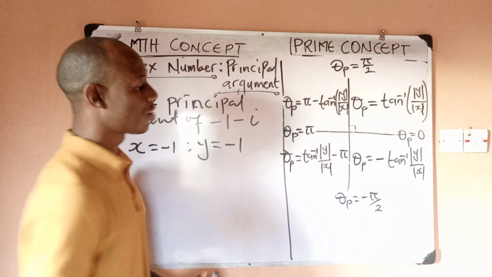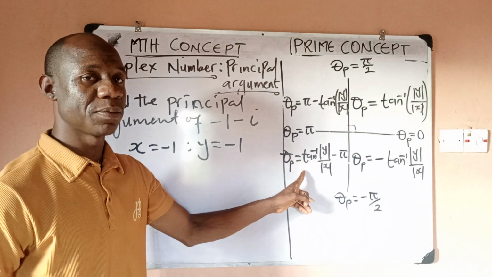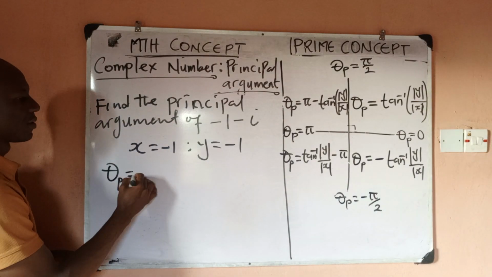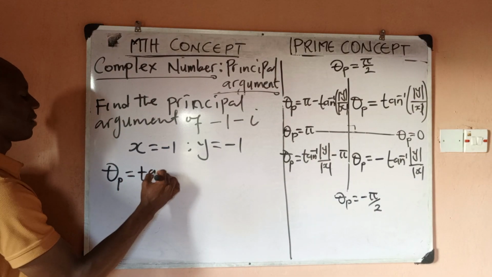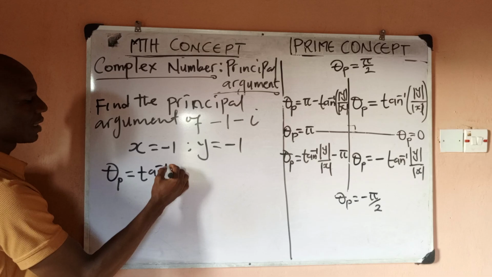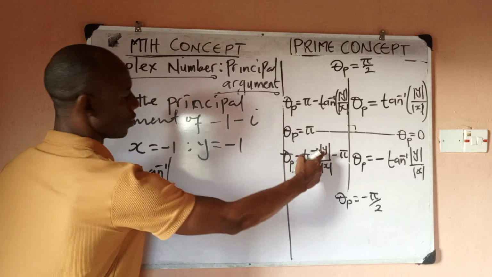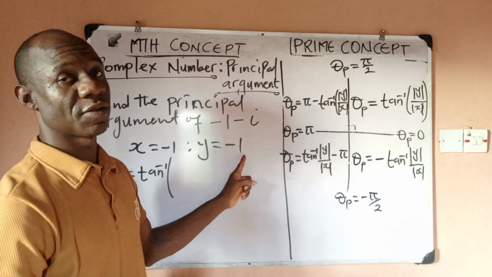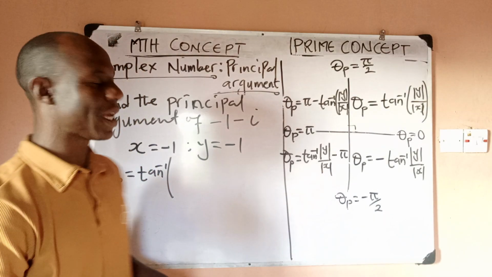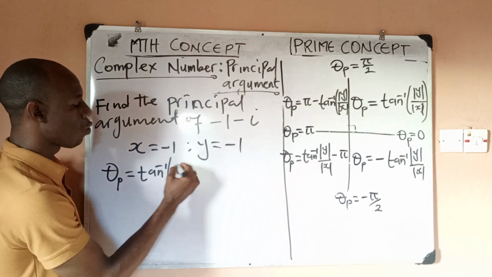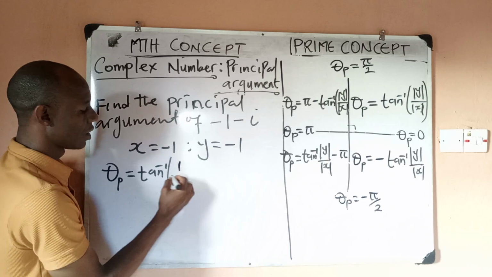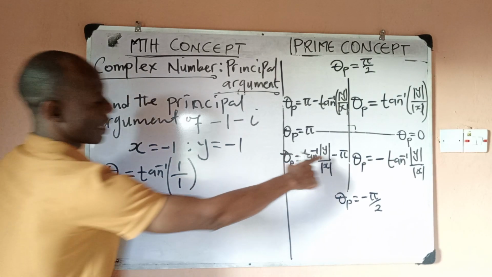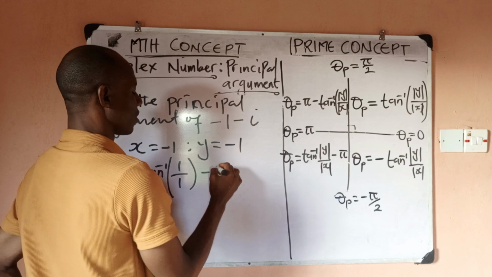So for the third quadrant, this is the formula we're going to use for the principal argument. The principal argument is going to be tan inverse of the absolute value of y over the absolute value of x. Absolute value means only take the positive values of y and x. So I'll just take 1, not -1, over 1, not -1. Then you subtract 180.